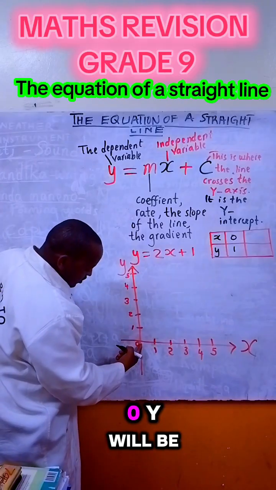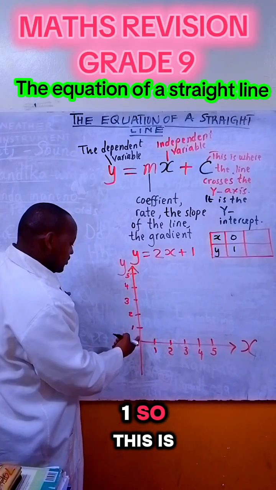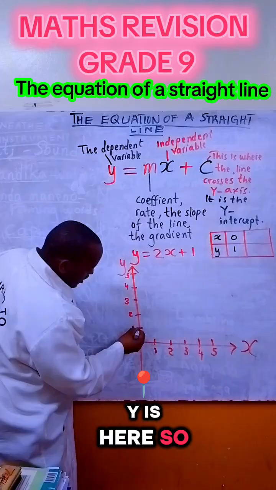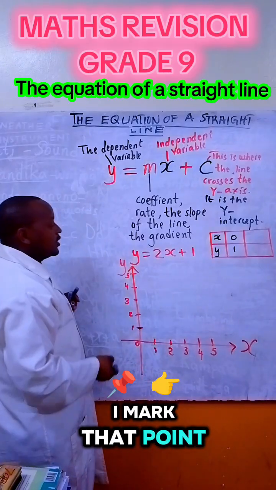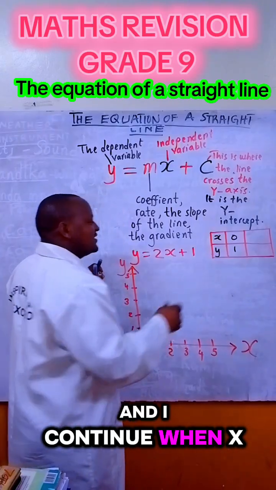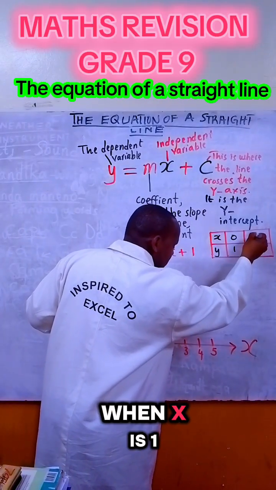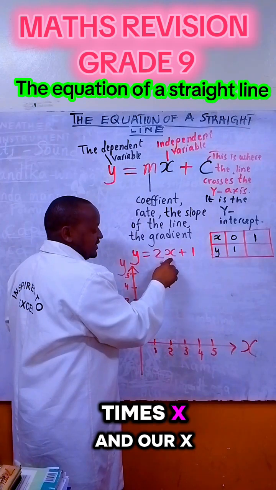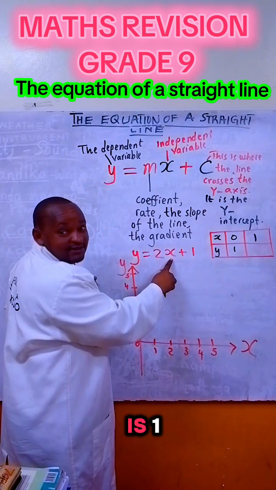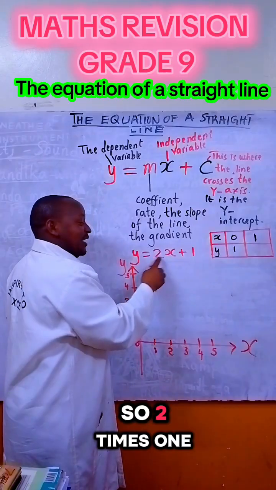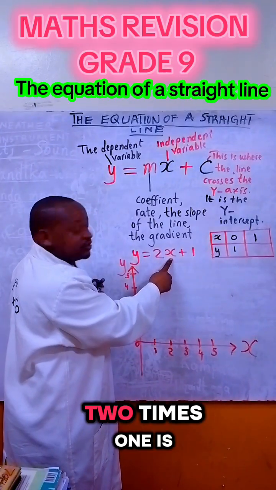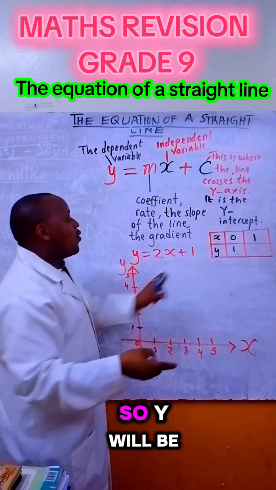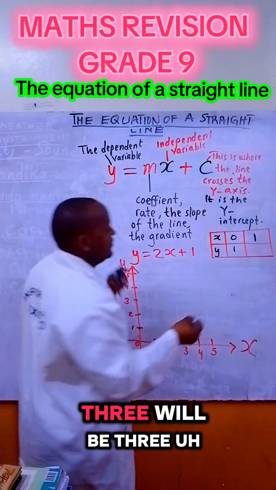When x is 0, y is 1, so I mark that point. And I continue. When x is 1, 2 times 1 is 2, plus 1 is 3. So y will be 3.